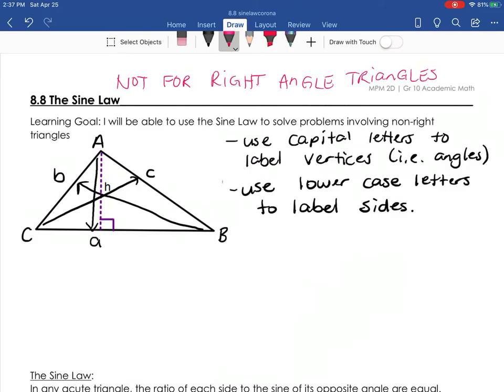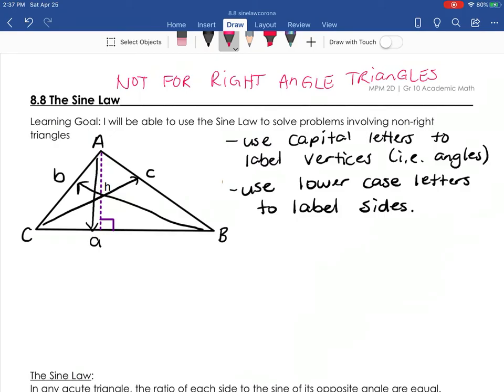But that meant you had to know something about two of the sides, so that's not always the case. Say you were looking for length BC, then you would do the triangle on the left and add it to the triangle on the right side, and that would give you the total length. We can now use the sine law in order to find BC without having to do that.